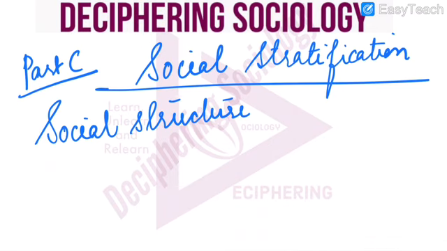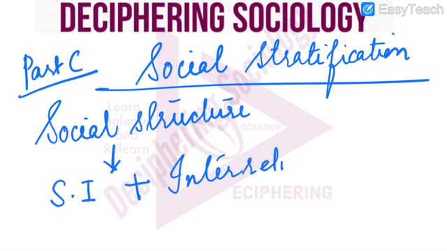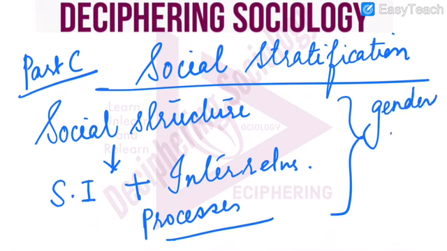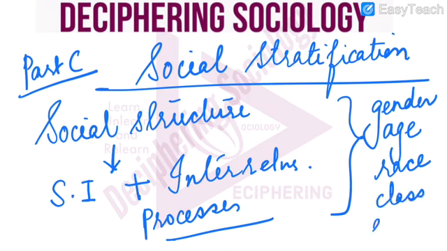Similarly, in society also, the social structure refers to all the social institutions plus interrelations between people, all the interactions, different processes. Here we have to understand everything from different aspects. We have different criteria. We learn about gender, age, race, class, estate, all these criteria of differentiating society.